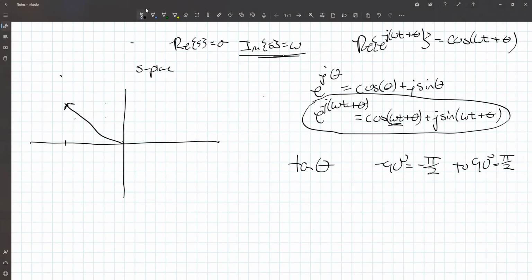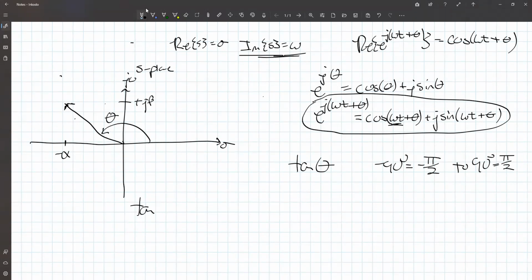If it's out here, then my sigma is obviously going to be negative, right? So let's just call it negative alpha. And then my imaginary part is going to be, we say, positive j beta. And I want this angle. And that angle is theta.